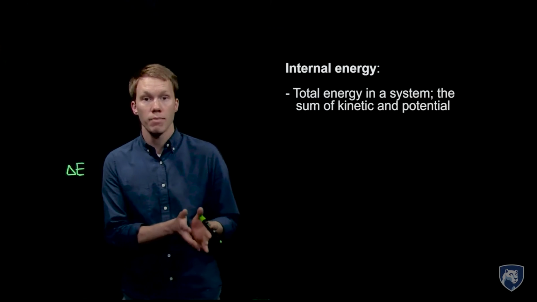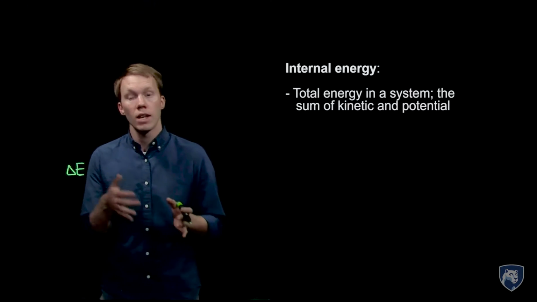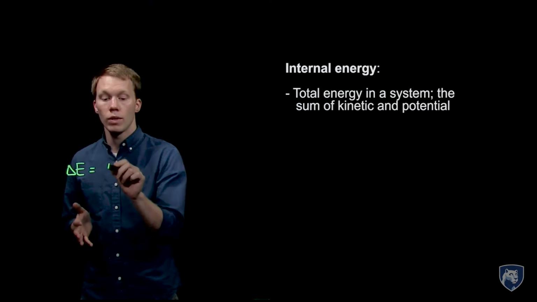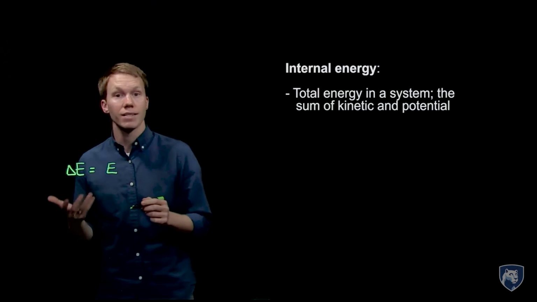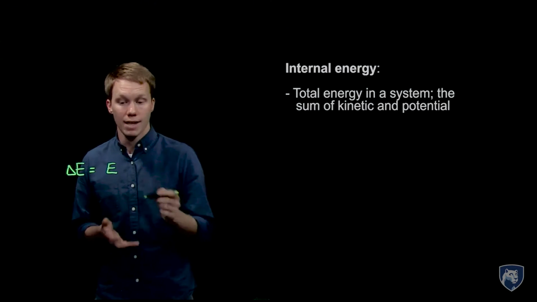As we study energy transfer between a system and surroundings, we're going to be looking at internal energy, and specifically changes in internal energy, or delta E. Now, the internal energy by itself is the sum total of kinetic and potential energy within a system. The change in internal energy will tell me whether or not my system has gained or lost energy.